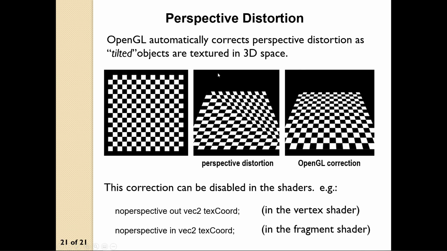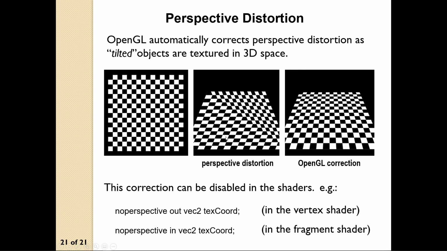Okay, so perspective distortion. We have another option, another thing you can specify to get textures to look just right. OpenGL automatically will correct perspective distortion as tilted objects are textured in 3D space. There's a calculation going on as we get tilted, about where we would wind up choosing the texture from.